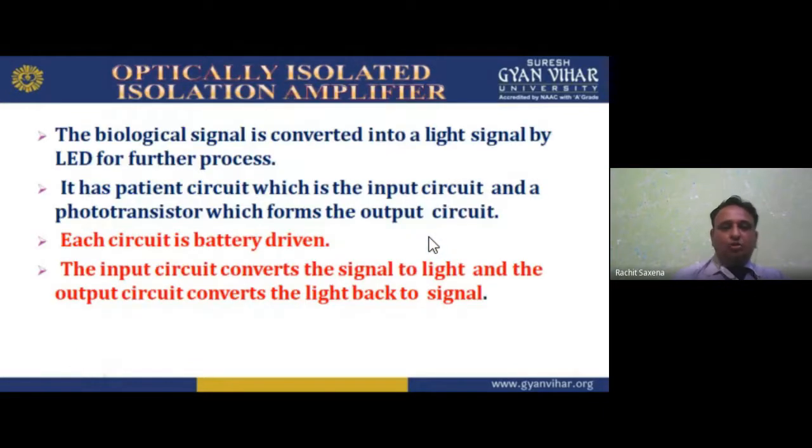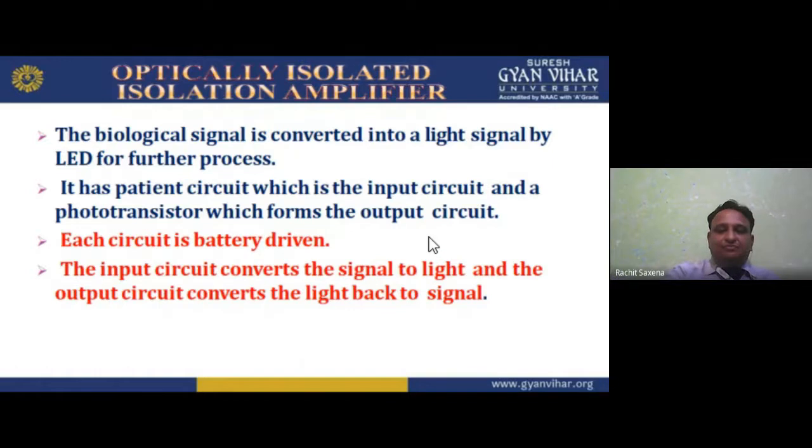Each circuit is battery driven. The input circuit converts the biological signal to a light signal, in LED form. The light emitting diode blinks to show whether the signal is higher or lower.